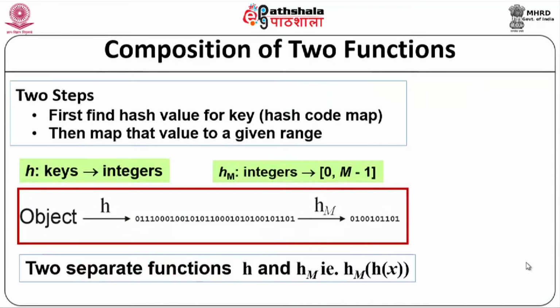First find the hash code, then map it onto the given range: keys to integers, integers to the table. Two separate functions are used, h1 and h2.